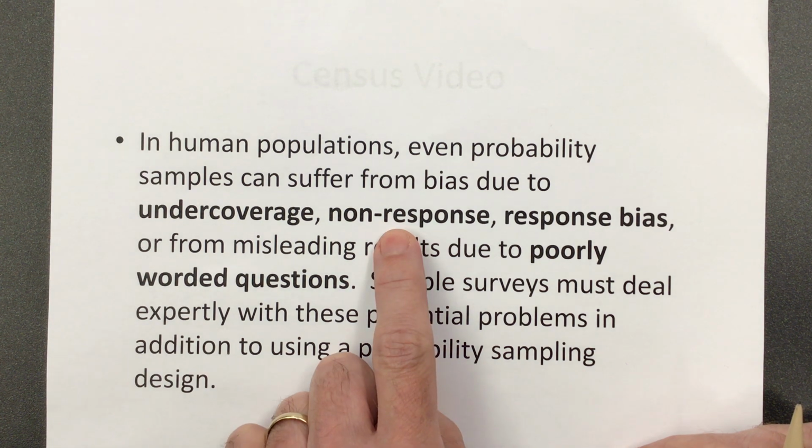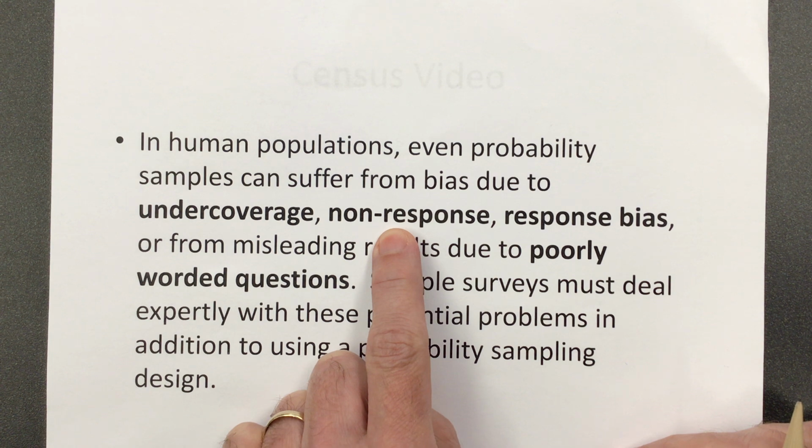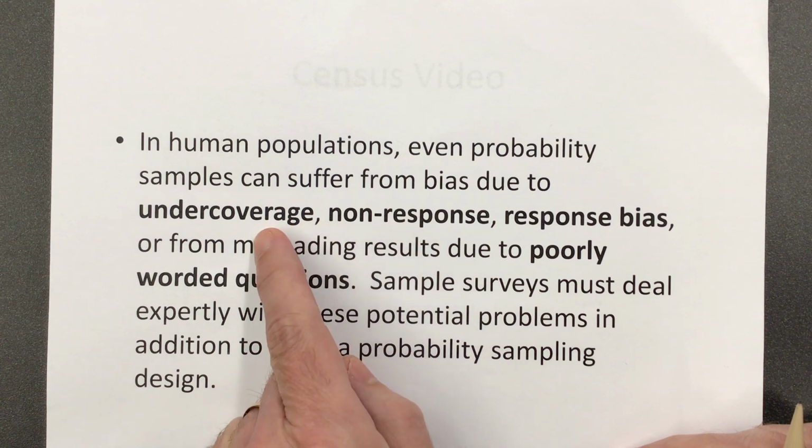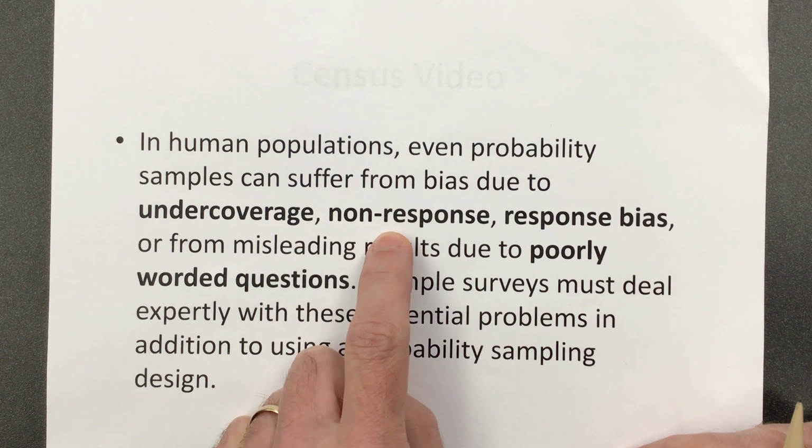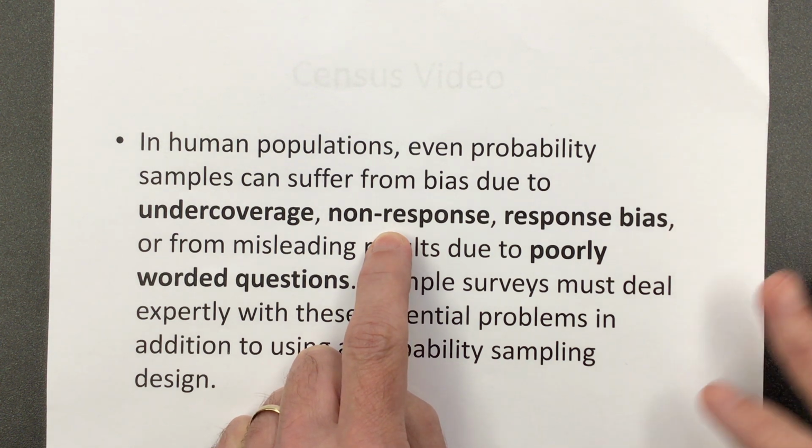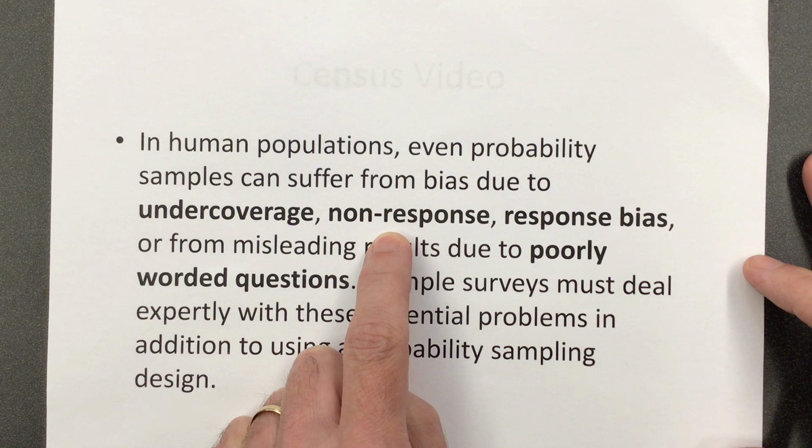Okay, another type of bias is called non-response bias. Okay, this is different than under coverage. In non-response bias, you've successfully covered all segments of the population. It's just that some are choosing to ignore your survey or ignore your whatever it is.